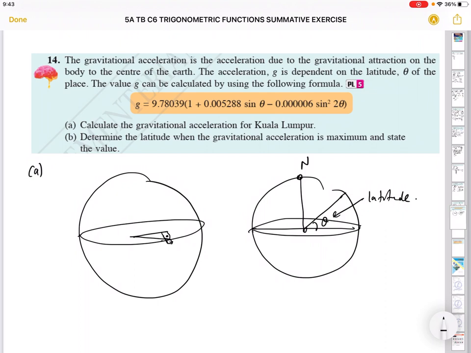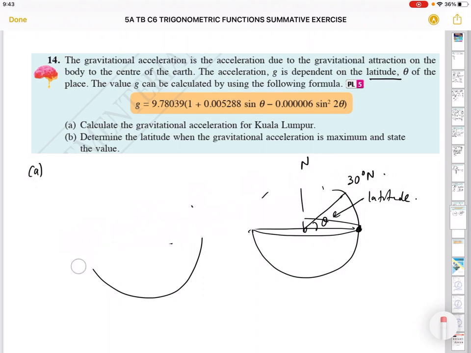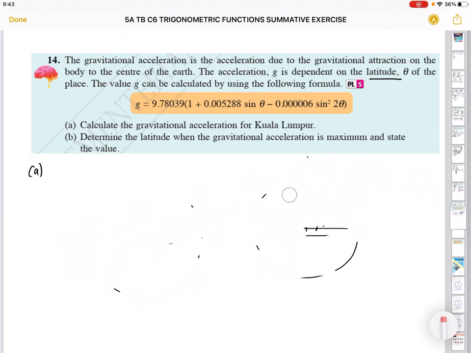So come back to this. I Googled KL, Kuala Lumpur, I got 3.14, yeah, 3.1139, right? So for Kuala Lumpur, your theta is 3.1139, so it's 3.14. I just take 2 decimals. Yeah, that's what I got, right? I don't think Google can give me a wrong answer.